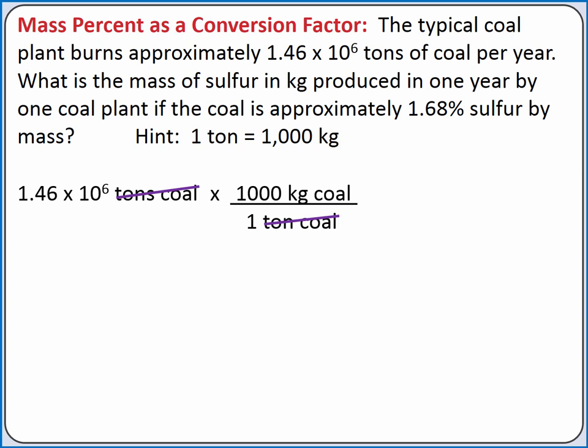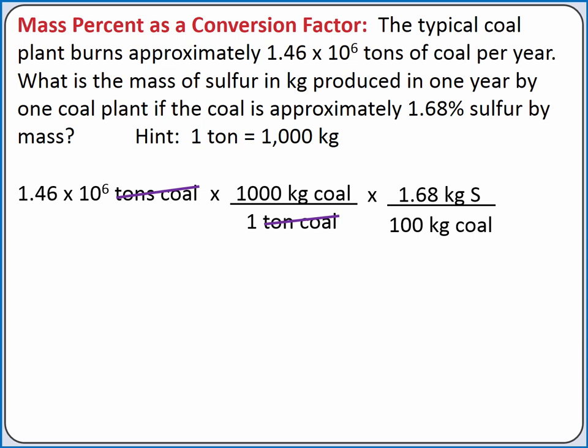According to our problem, coal is 1.68% sulfur by mass. So for every 100 mass units, 1.68 of them will be sulfur. We can use the units of kilograms and convert directly from kilograms of coal to kilograms of sulfur.